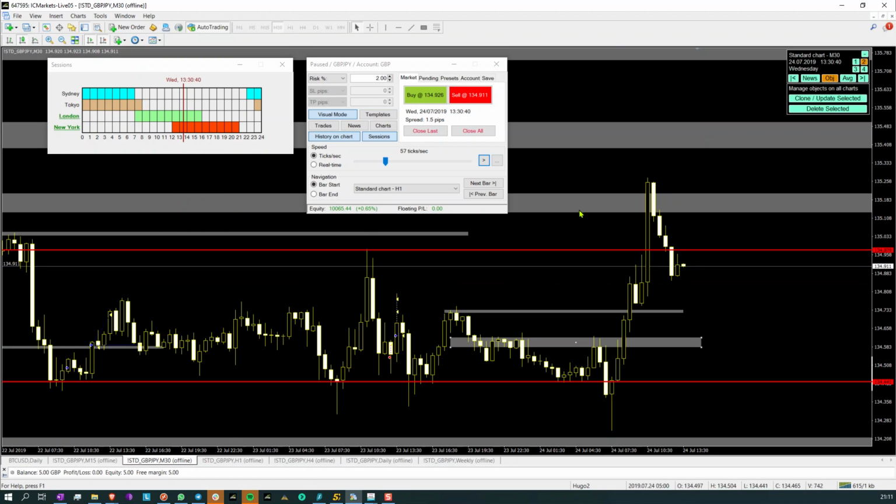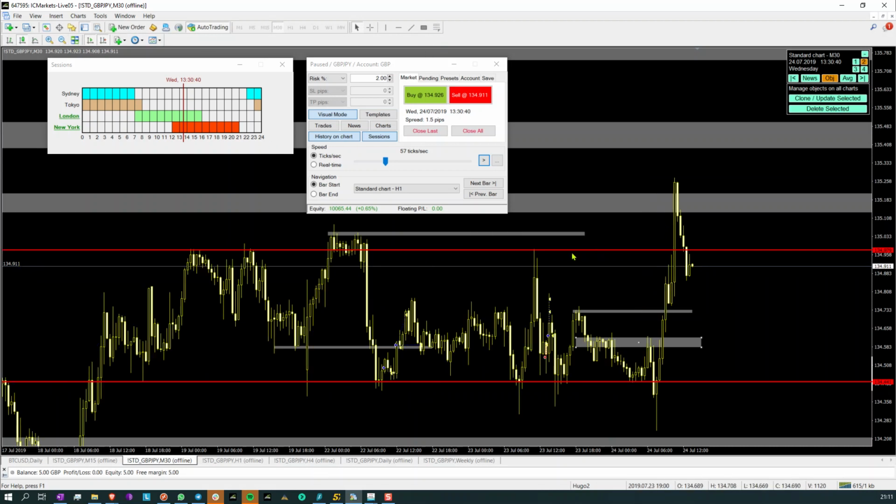Inside the range, depending on what we consider the range. But I consider the range the break of this. For me, this is the range. There is another range here, but this is the major range. This one.